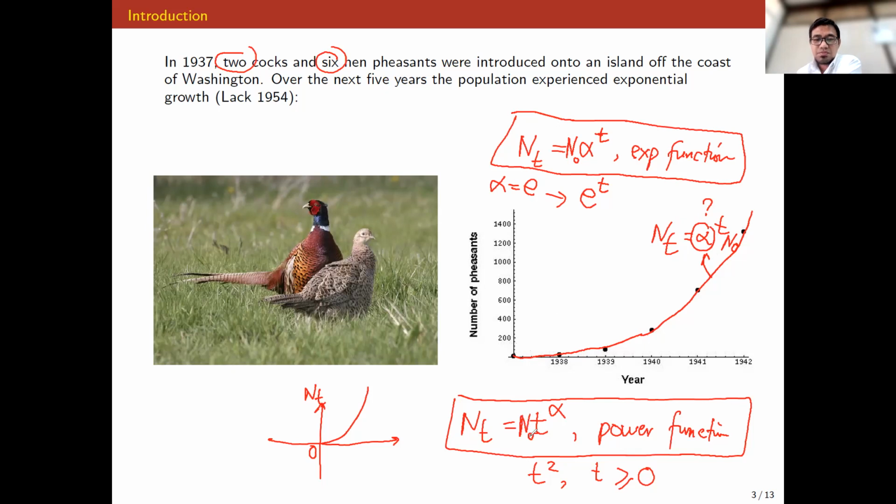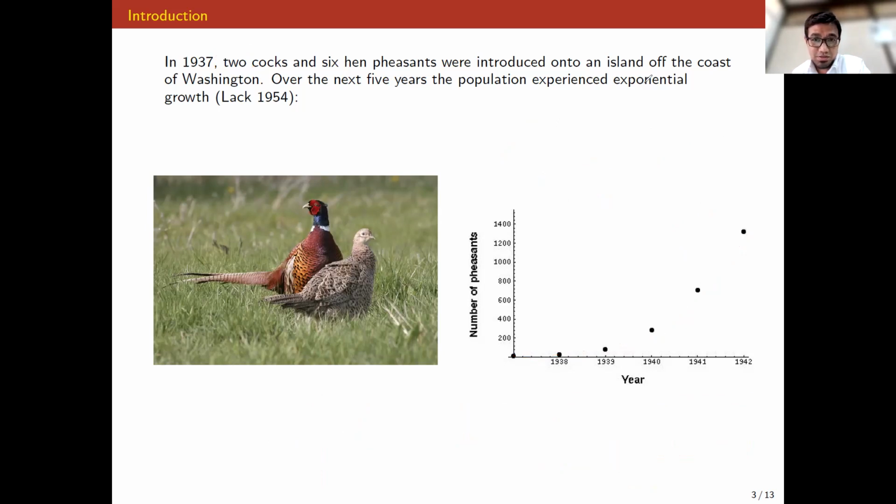Okay, so we will find what alpha is in this case, but we have to explain something before this. Any questions so far? No. Okay.